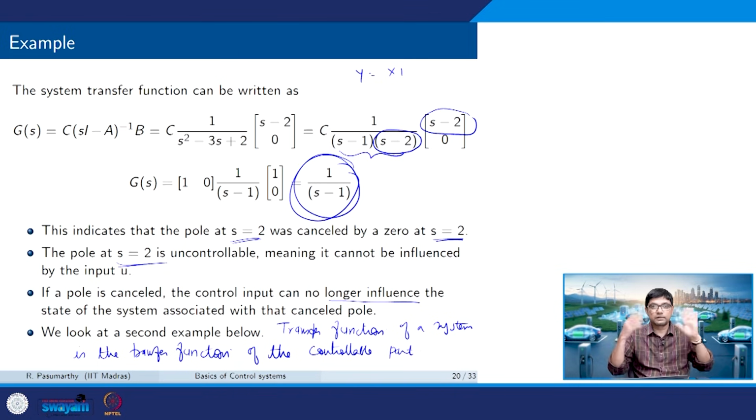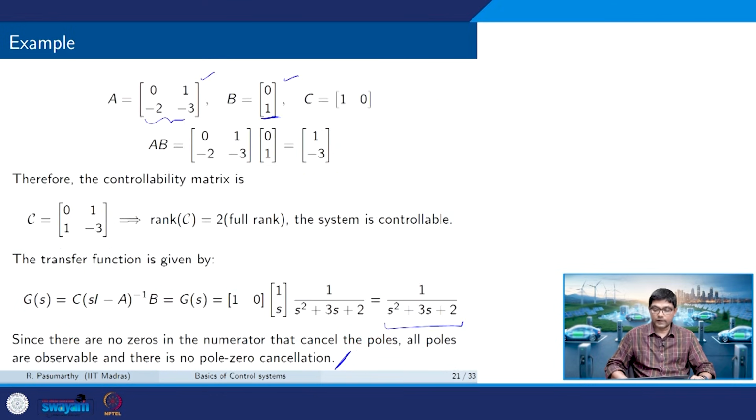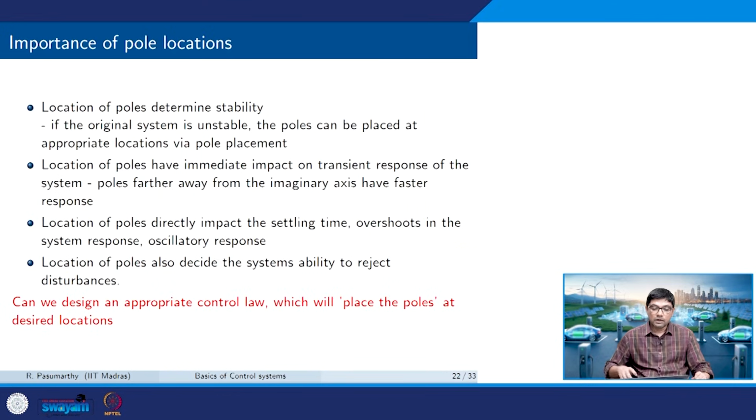Okay, the uncontrollable part just disappears via the pole zero cancellation. Okay, now we are still talking of pole zero cancellation. What does it mean in terms of controllability and so on.